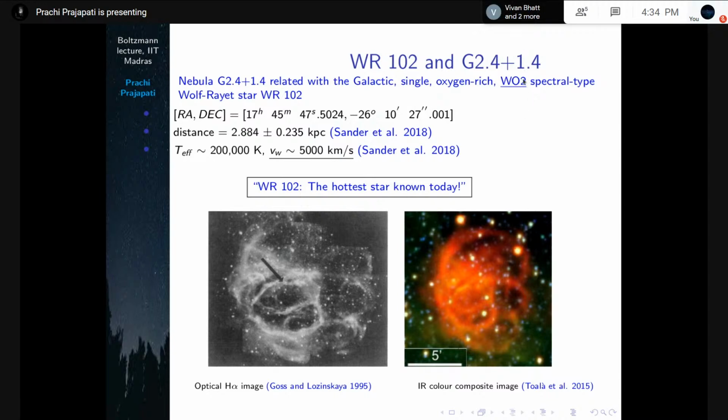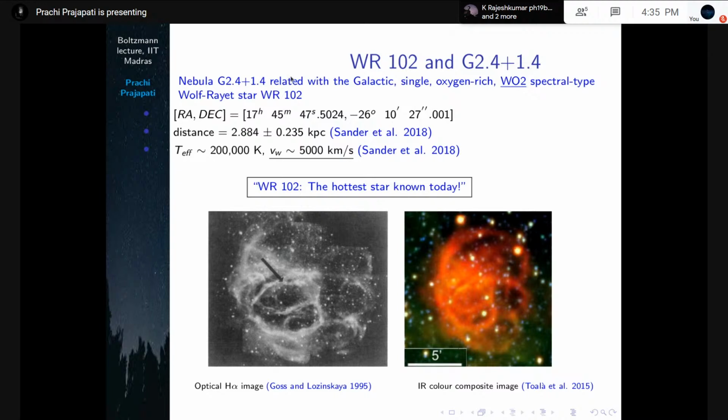If the subclass is near 1, the star has a higher surface temperature in comparison to one towards 8 or 9. This WO102 is one of those very interesting sources, and it also has a bubble around it, named G2.4+1.4.